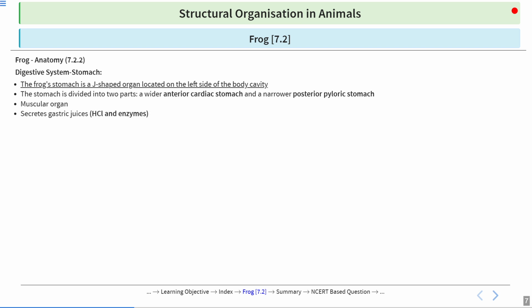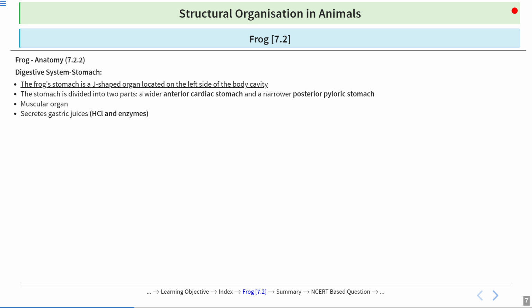It secretes gastric juice. What is the gastric juice composed of? HCl and enzyme. Which enzyme is present in the gastric juice? The enzyme is pepsinogen, not pepsin.